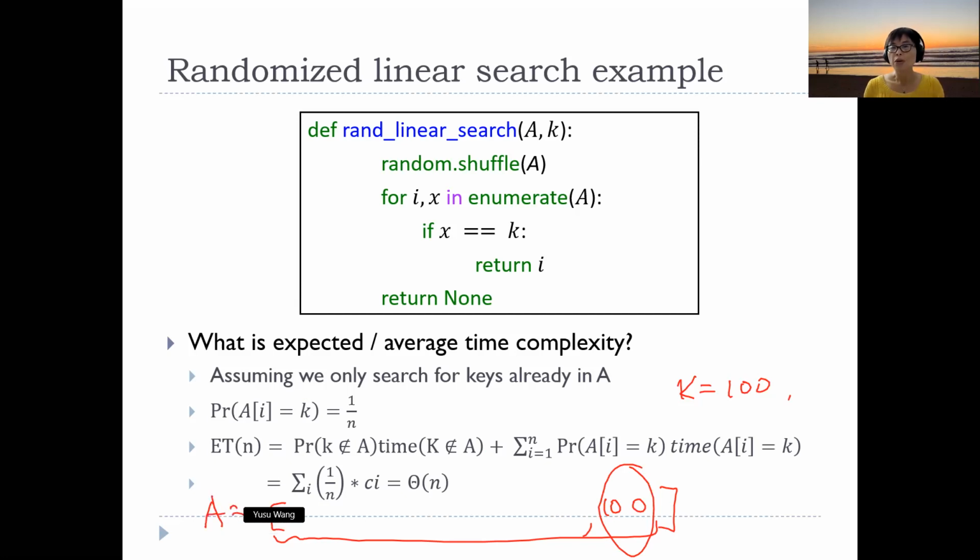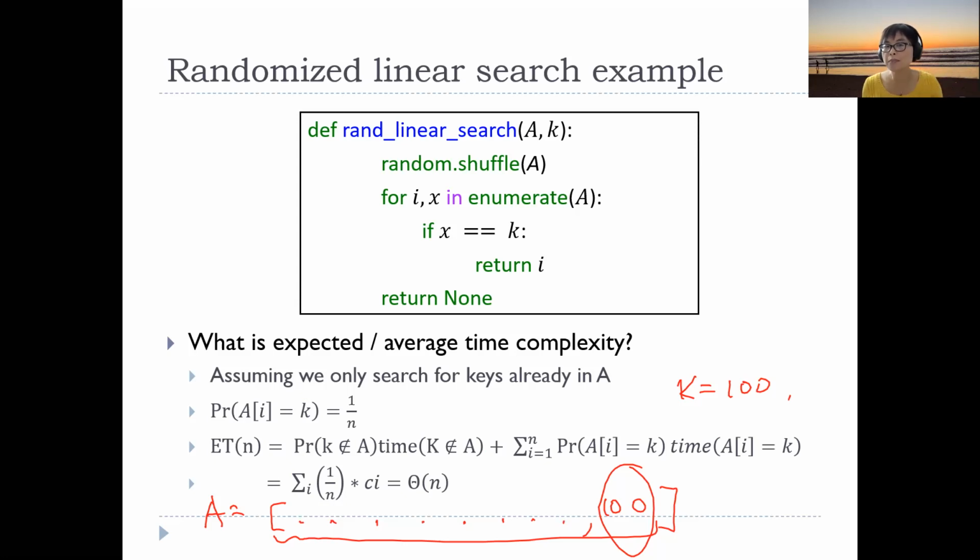Using the previous approach, when you run your linear search algorithm to search for 100 in this array, you have to linearly scan through all n positions till you find 100. So the time for this specific input is exactly order of n, because you have to scan through the entire array. So this is a bad input for the previous one.